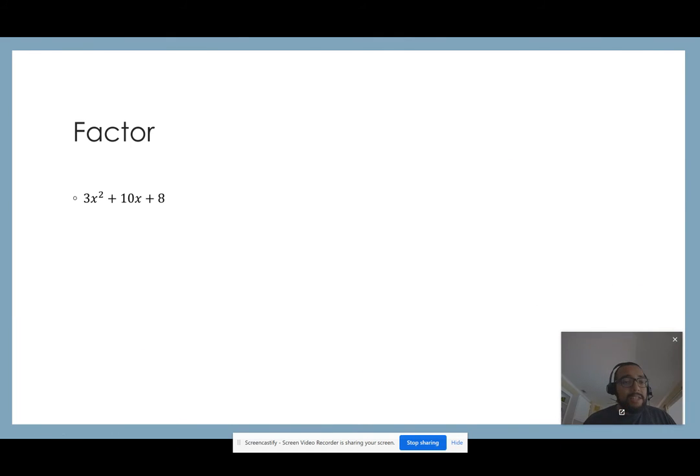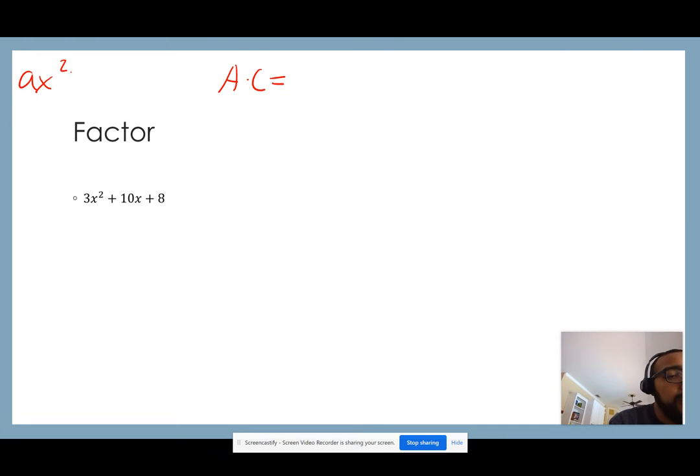Now, next question: 3x squared plus 10x plus 8. I want to do grouping. So first step, multiply a times c. Given an expression in standard form, I see that a is going to be 3 and c is going to be 8.